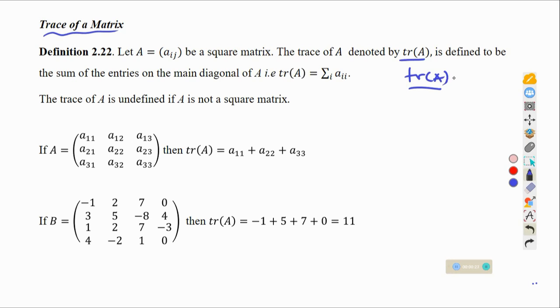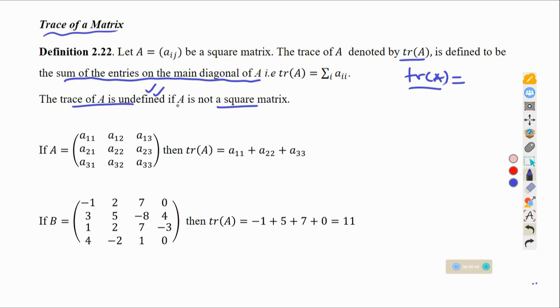We shall define this trace by simply looking at the sum of the entries on the main diagonal of that given matrix. However, if the matrix is not a square, then the trace of that given matrix will be undefined.